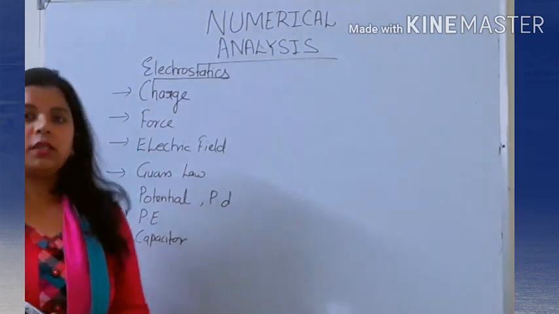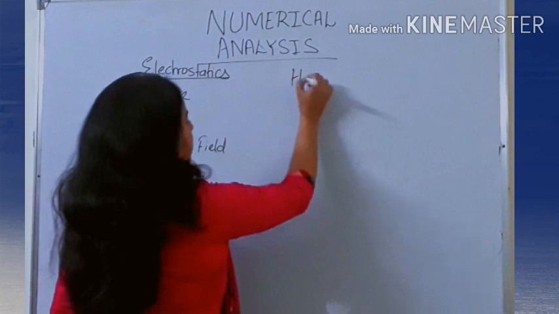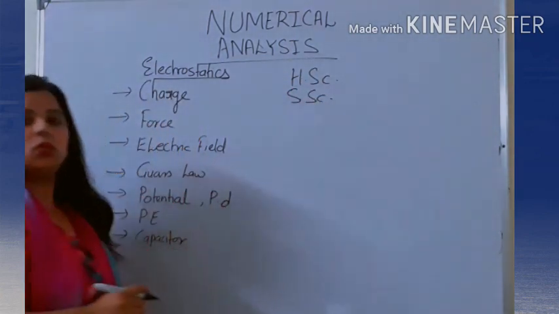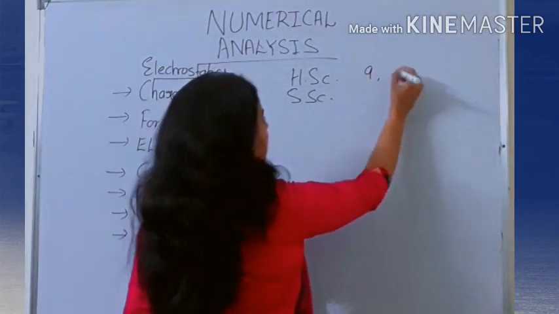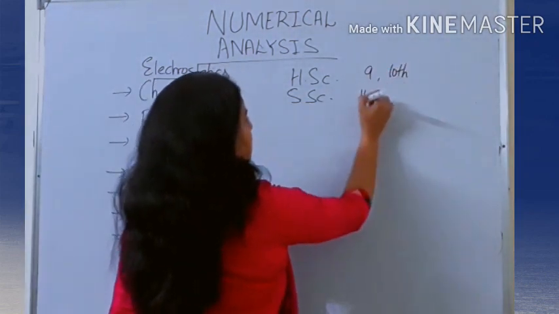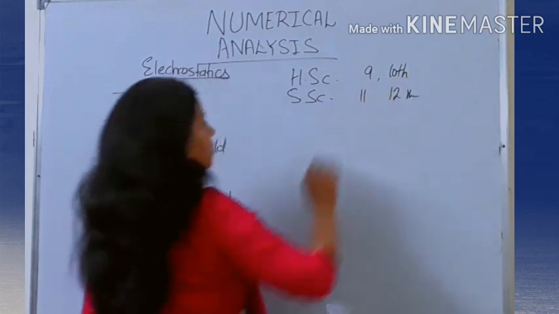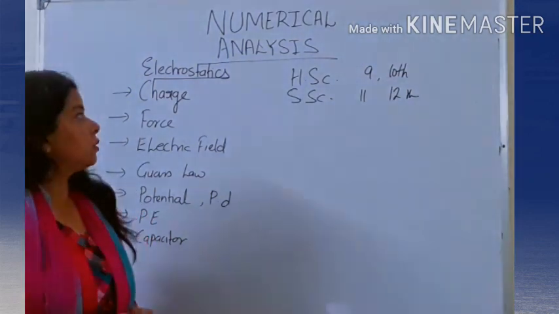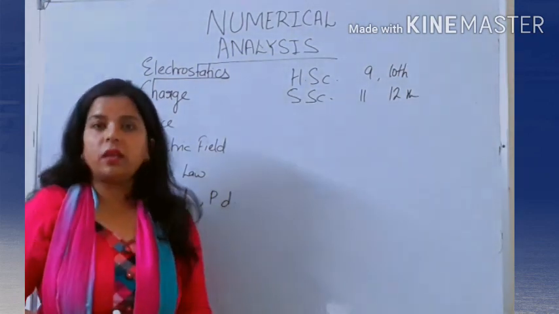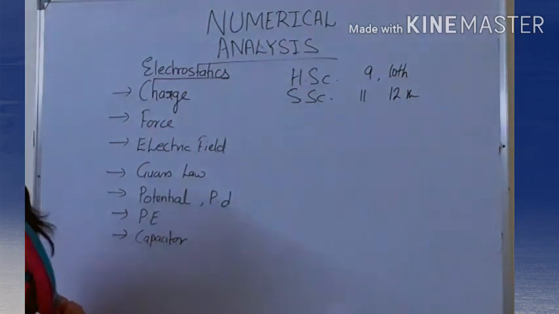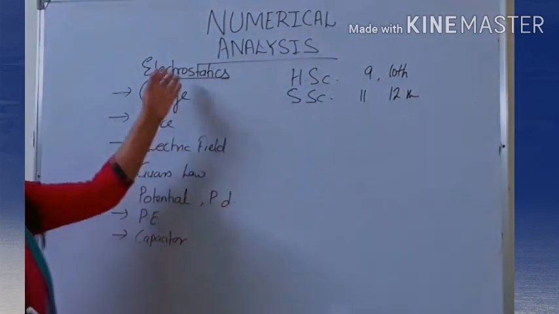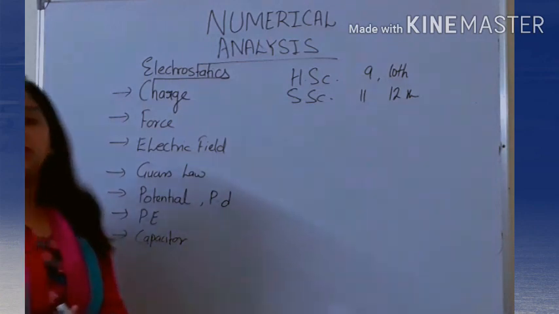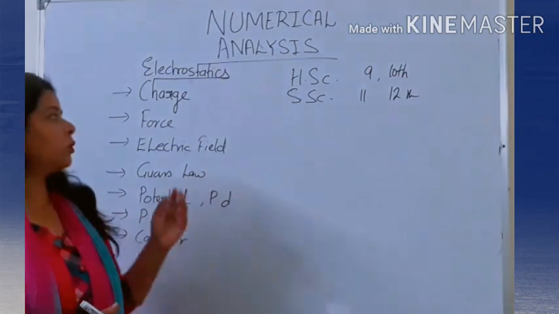Whether you are in higher secondary, HSC, or senior secondary, SSC, that is 9th and 10th, and 11th and 12th class, you must have gone through these topics in class 12: charge, force, electric field, Gauss law, potential, potential difference, potential energy and capacitance.